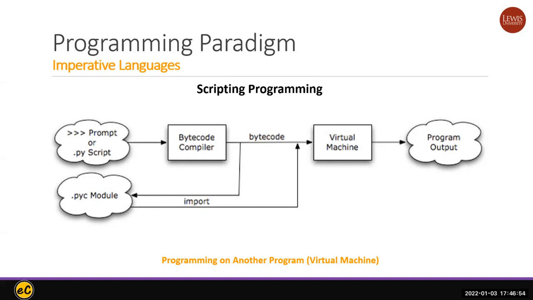Scripting languages just create scripts that run on another program, so we call them scripting languages. But a scripting language is also one kind of imperative programming, because usually it also has instruction after instruction type of program code orders.